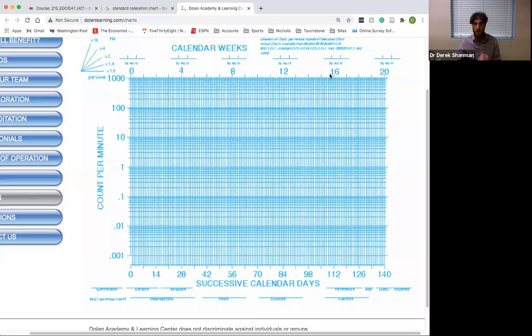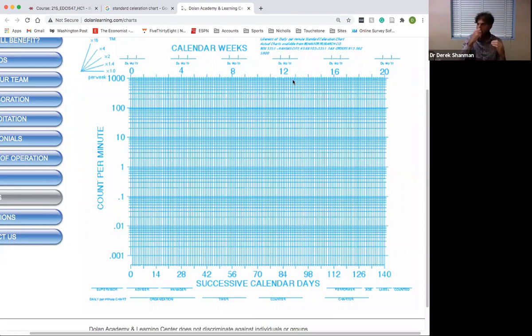It's very much like time sampling, where we're not capturing all of the behavior. It's just, is it happening right now, right? But with the standard acceleration chart, we are either saying this is the real amount of behavior that we see, or we are saying this is the amount of behavior that we saw, but this is how big the window of opportunity was that we actually looked for.